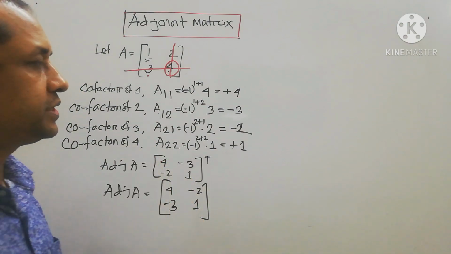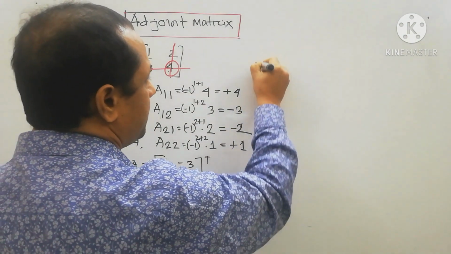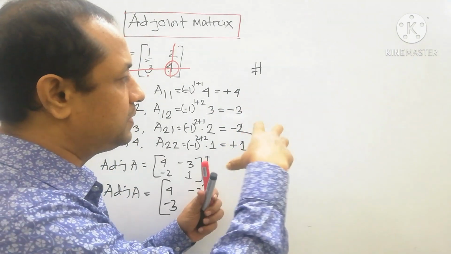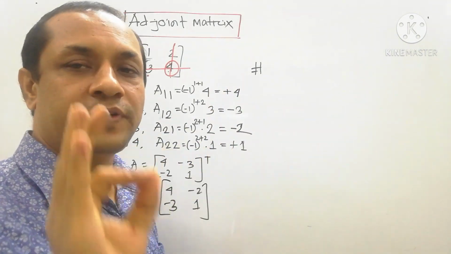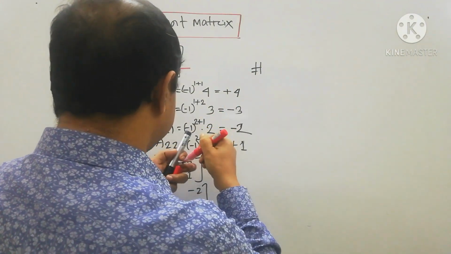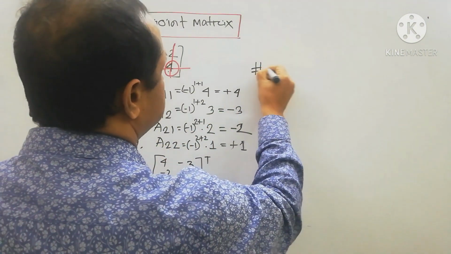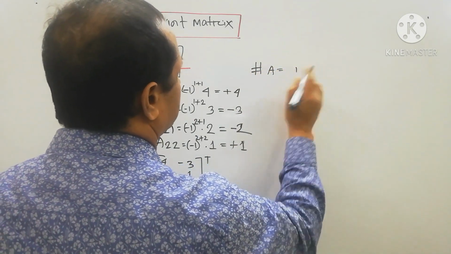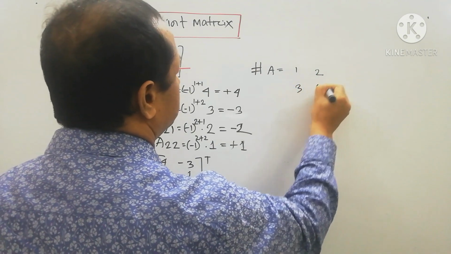Now this is a short trick for MCQ. For MCQ student, attention please, short trick, only 5 seconds. Now the given matrix A is 1, 2 and 3, 4.